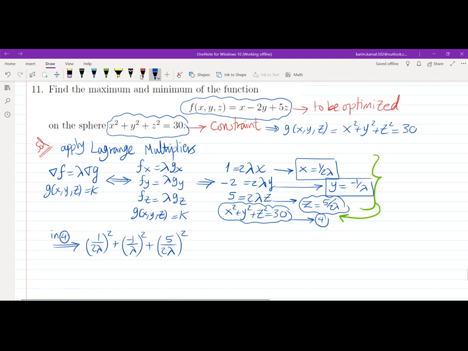Simplifying this, it will be 1 over 4 lambda squared plus 1 over lambda squared plus 25 over 4 lambda squared equals 30.